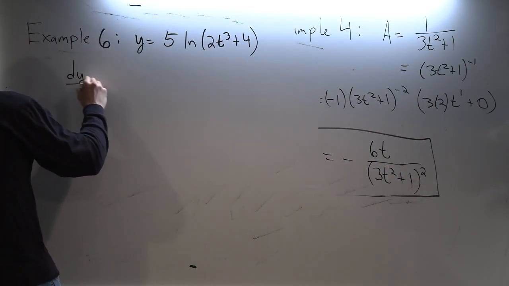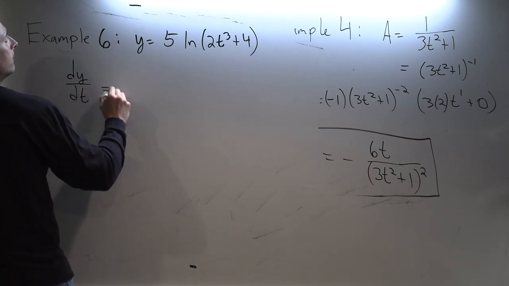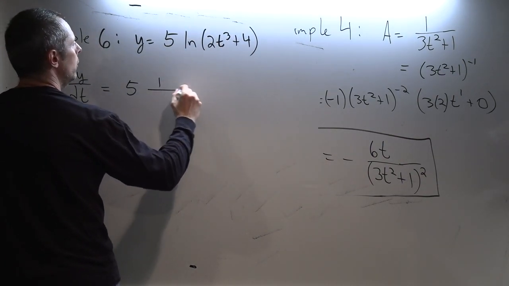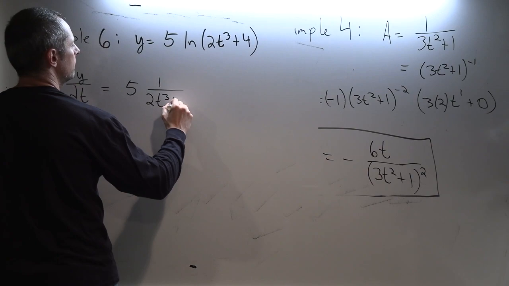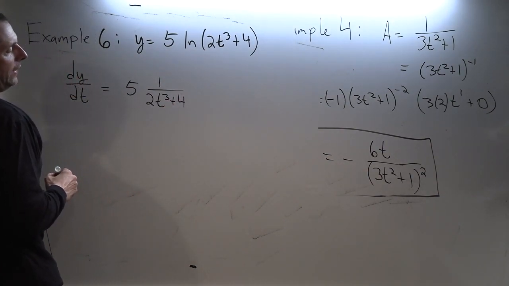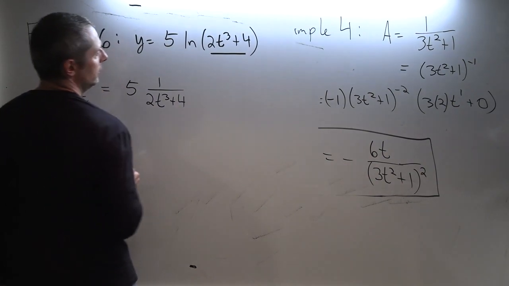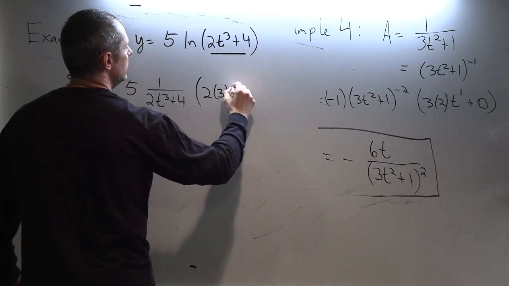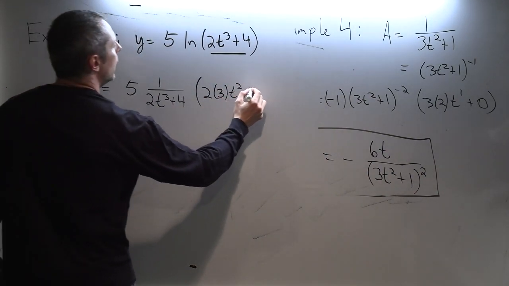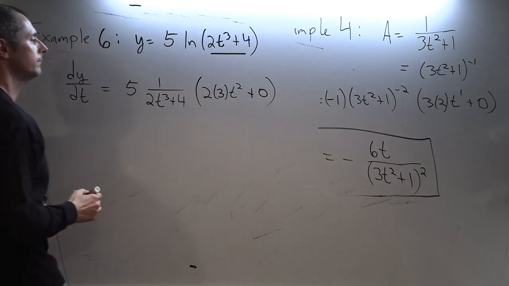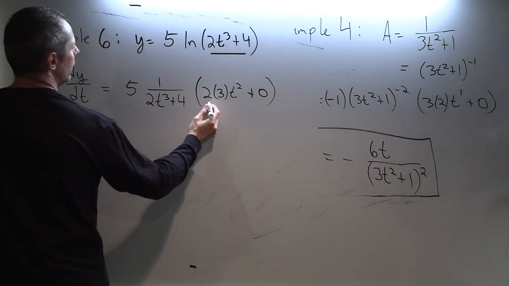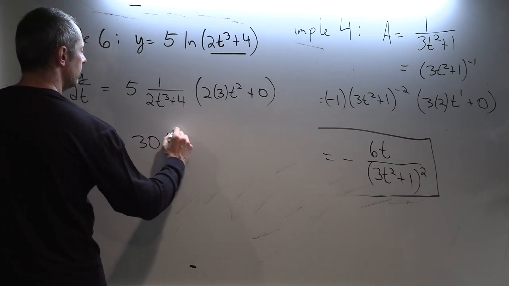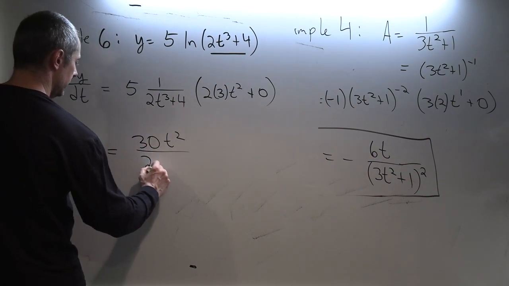So we use the derivative for the log that we know, which is 1 over x, right? So we do 1 over the function. And then we multiply by the derivative of all of this, which is 3 times t squared plus 0. So what we have at the top is 6 times 5, or 30 t squared, over that in the denominator.